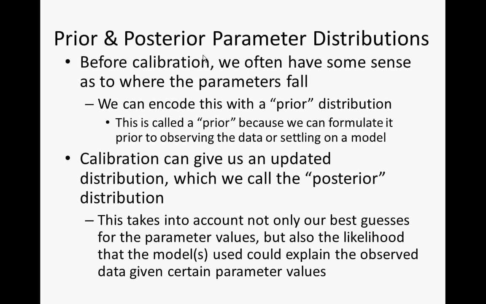This resulting distribution considers the plausibility, as it were, of different parameters by actually running the model and observing the consistency with the empirical data. We'll call this distribution the posterior distribution. So this distribution takes into account not only our best guesses for parameter values ahead of time, but also the likelihood, through running the model, that model output, assuming those parameter values, could explain the observed data.